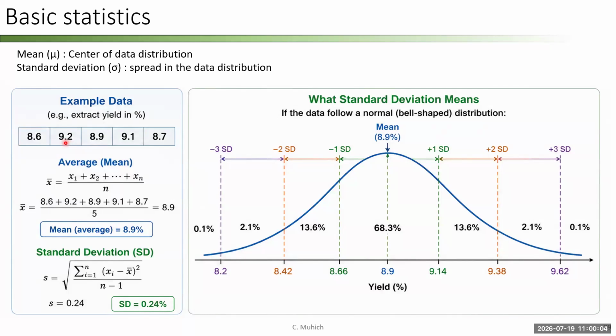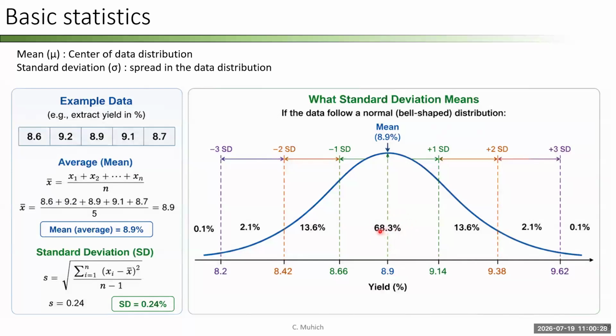So we like to see narrower standard deviation, narrower distributions. We quantify this spread by the standard deviation, so how spread out that data is. And we call this sigma.